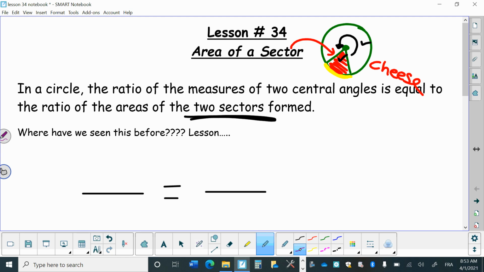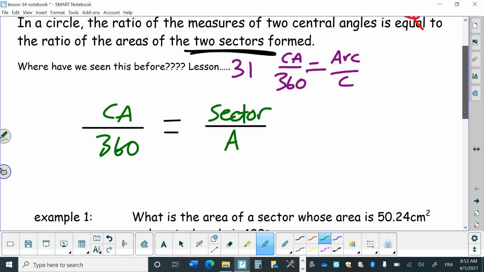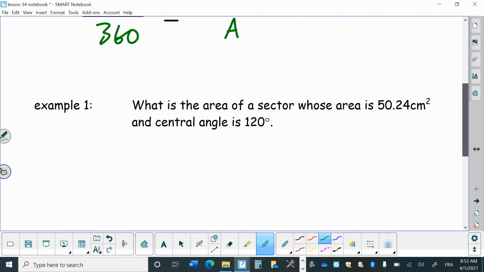In lesson 31, we talked about arc, circumference, central angle, 360. Now the only difference here is that it's still central angle, it's still 360, but now it is talking about sector that has to do with area and not circumference. So same type of formula, and you cross multiply and divide.